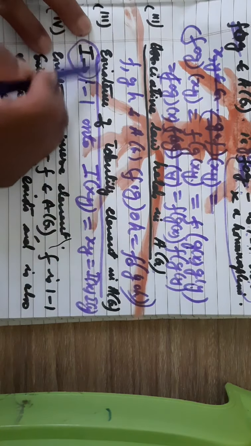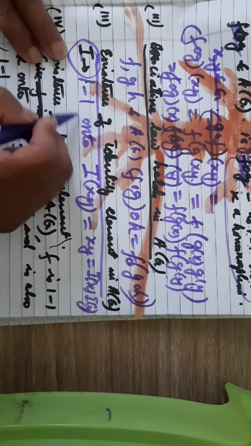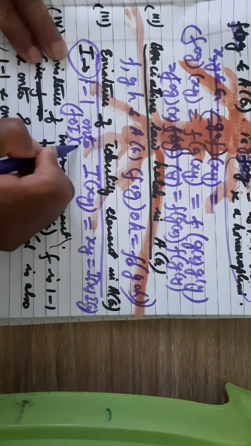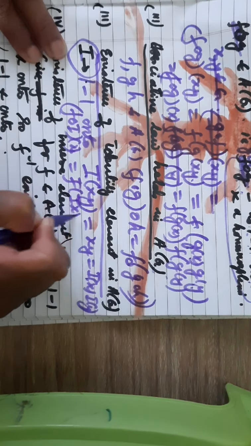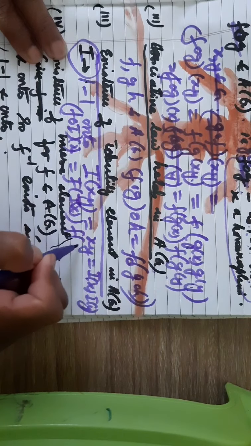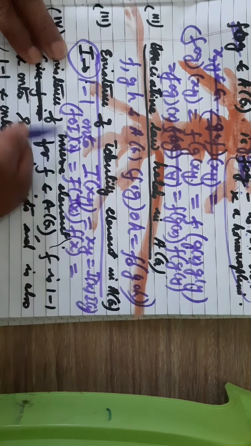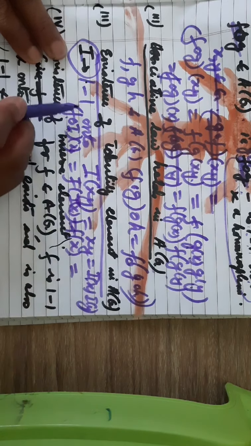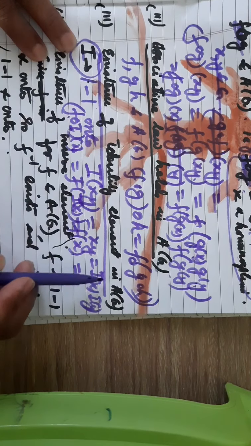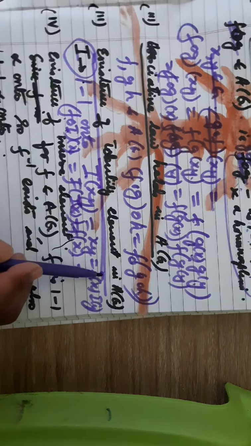So for any f belonging to A(G), f composite I of x is equal to f of I(x). But what is I(x)? It is x itself. So you can see from here that f composite I of x is equal to f(x), which means that the identity mapping from G to G will act as the identity element in A(G).